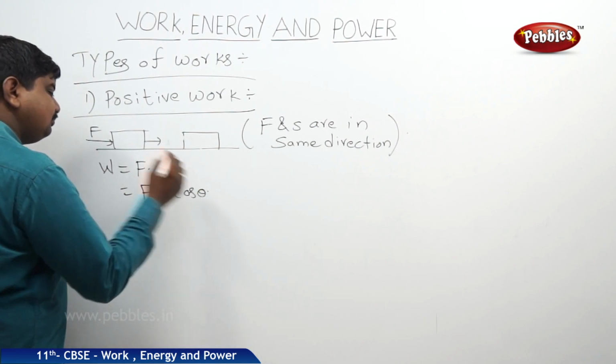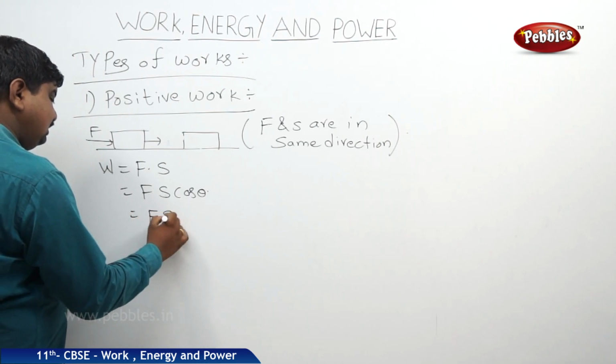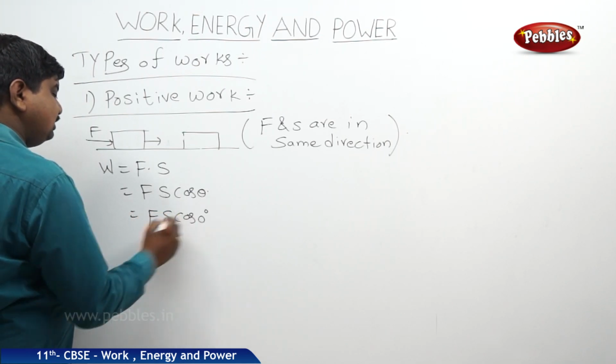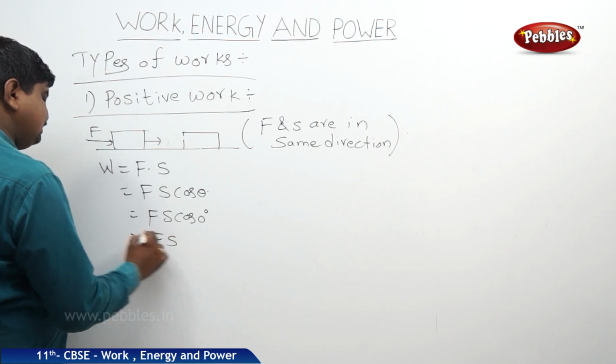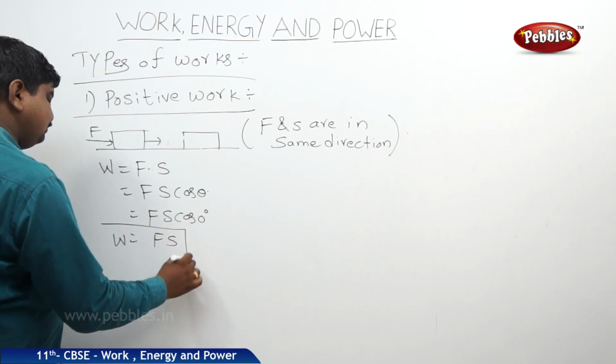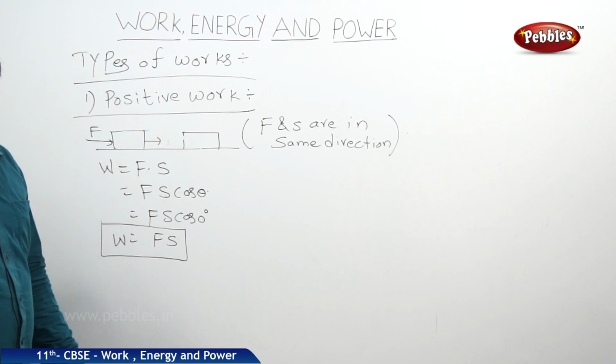W = Fs cos theta, therefore it is Fs cos 0 degrees, therefore Fs. This is said to be the positive case.